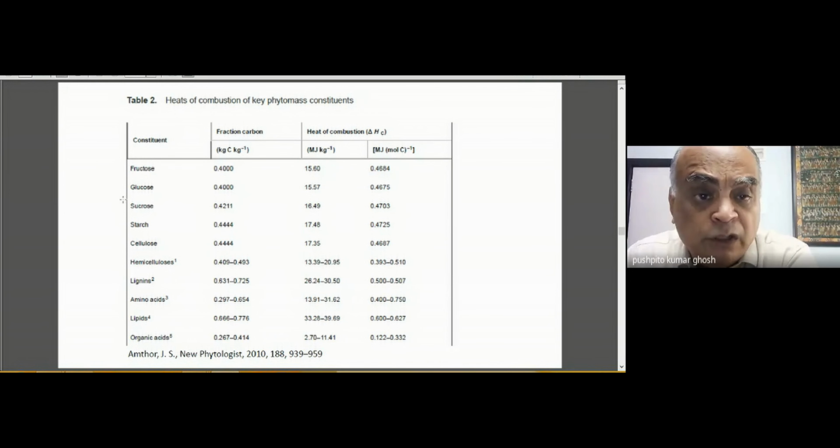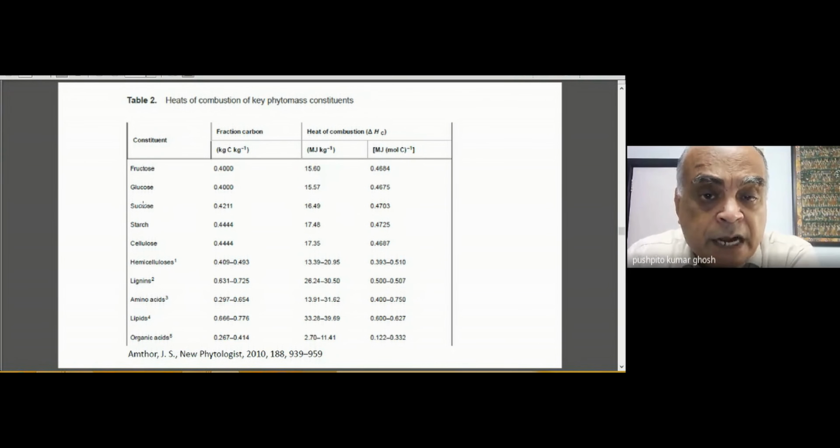And all these chemicals are at a higher energy level, and they can be burnt and again release carbon dioxide, and you extract that energy now as heat energy. Ultimately, solar energy became chemical energy. Chemical energy you can convert into heat energy, or you can do other things with it.